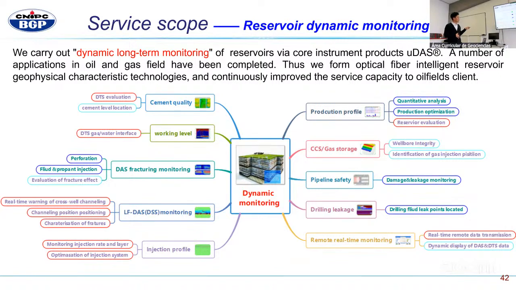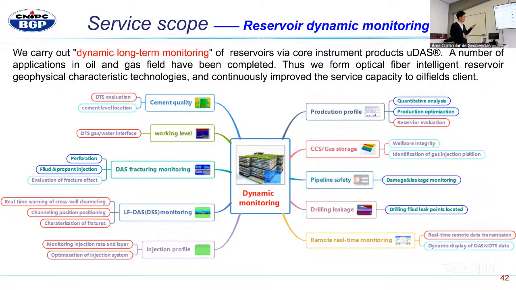And another, using the fiber deployment in the adjacent well to monitor the perforation and the fracture. This is what we call LF-DAS, low frequency DAS. And also, you can use DAS to do the production and the injection logging.